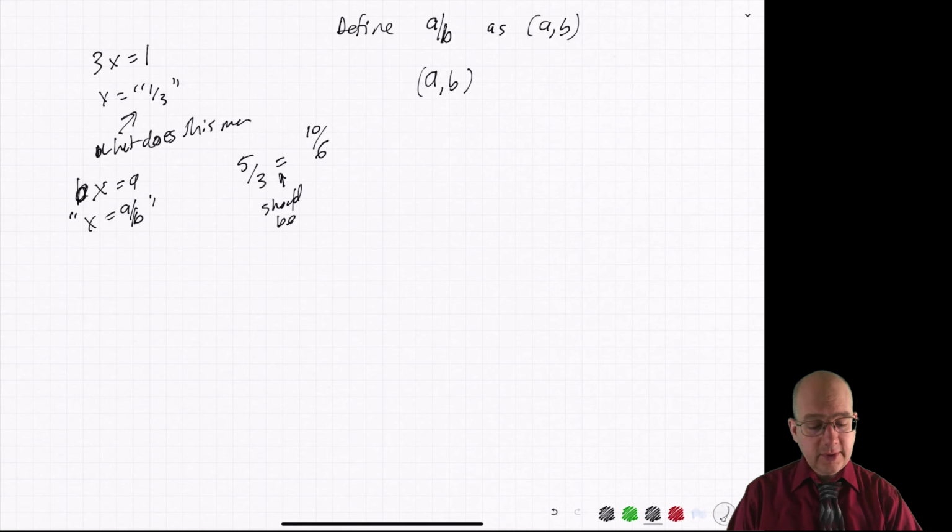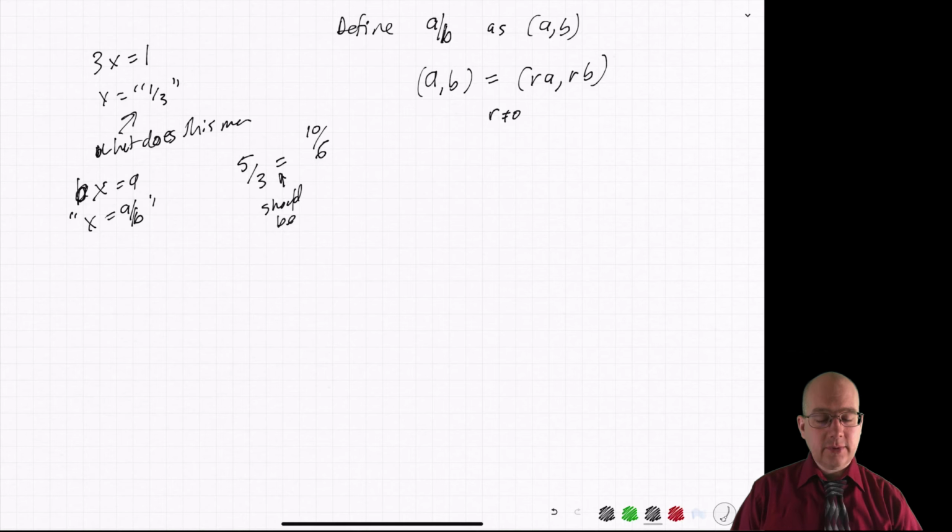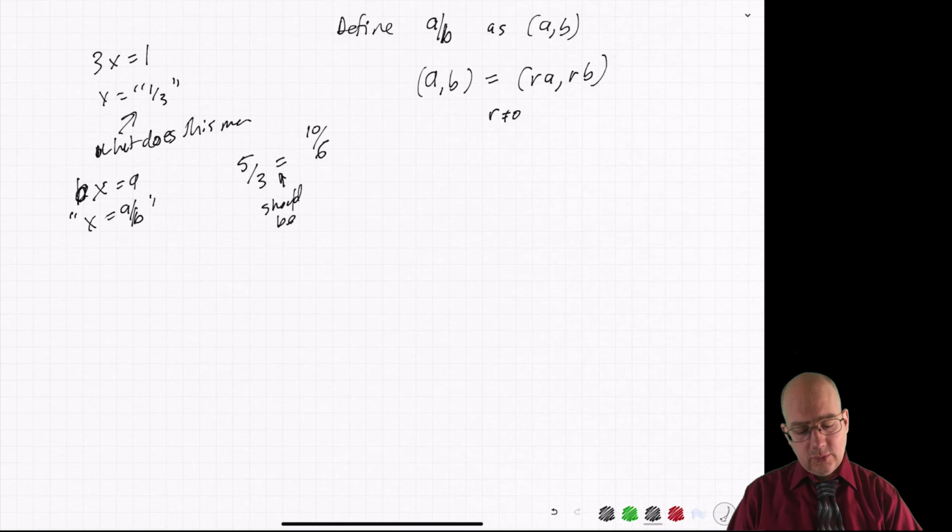So we define that (a, b) equals (ra, rb). And don't be multiplying by 0 for this. Basically, this is like reducing top and bottom.